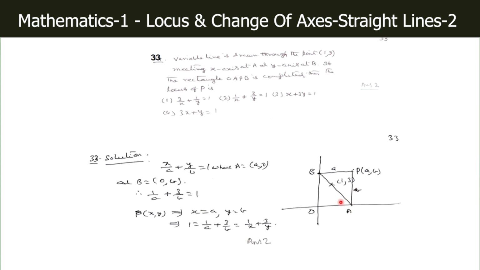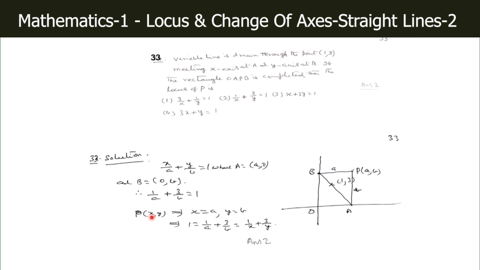A line through the point (1, 3) is drawn meeting the x-axis at A and the y-axis at B. See the figure. Suppose the equation of the line in intercept form is x by A plus y by B is equal to 1. Since it passes through (1, 3), we have 1 by A plus 3 by B is equal to 1.